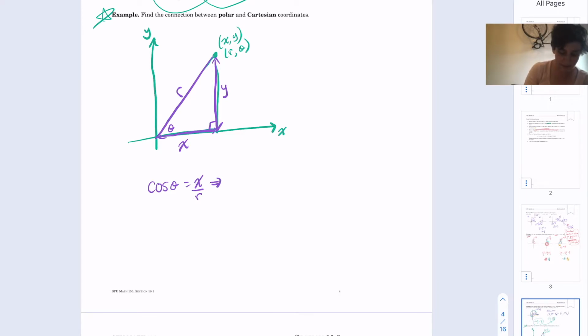What does that tell me? x is equal to r cos theta. Then similarly, sine of theta is opposite over hypotenuse. I'm using SOHCAHTOA as how I was taught. You may have a different mnemonic to remember. y over r.